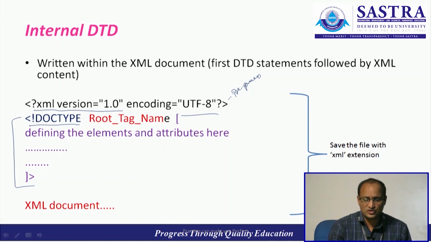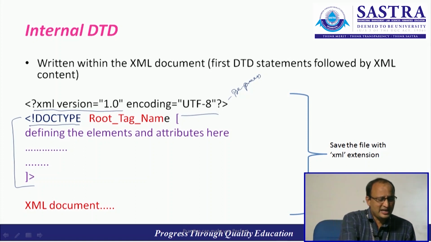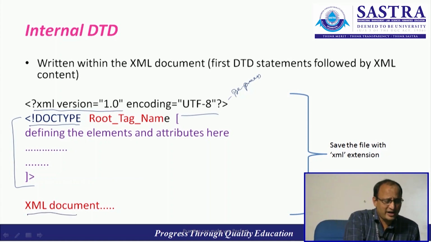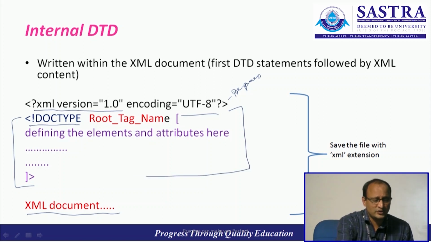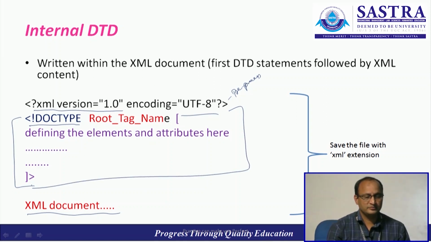In this slide, I have started writing the XML document after writing the document type definition. So the very first statement is the pre-processing statement followed by DTD. So actually this is only the DTD.